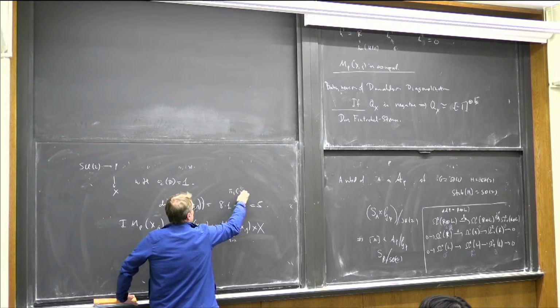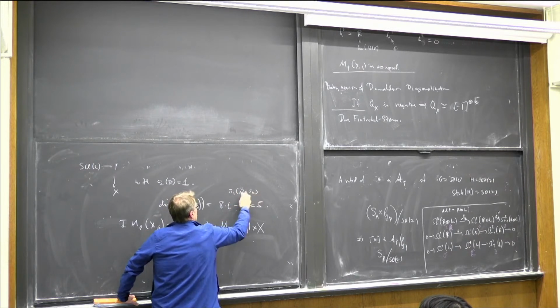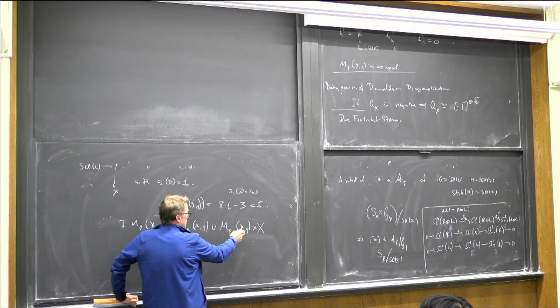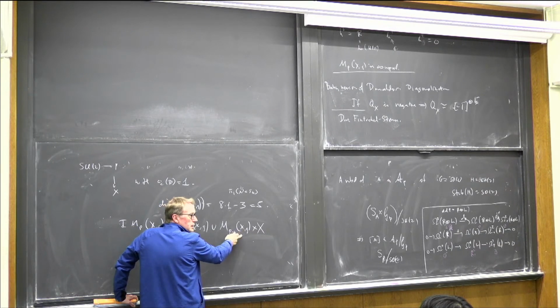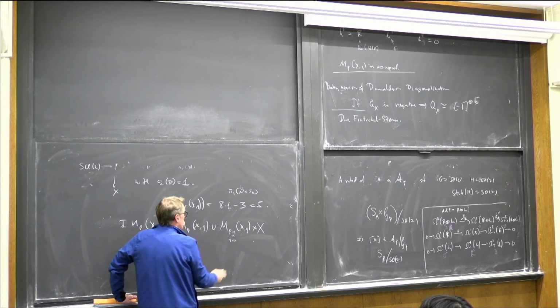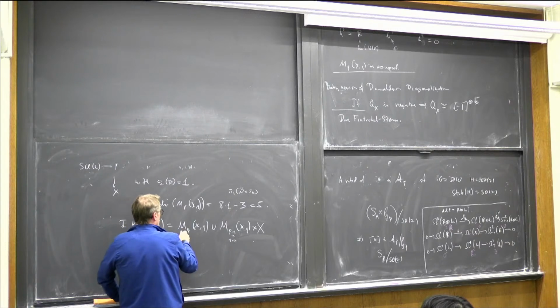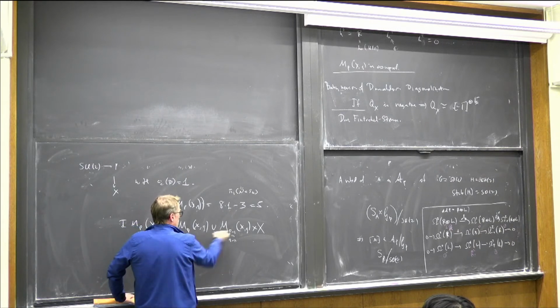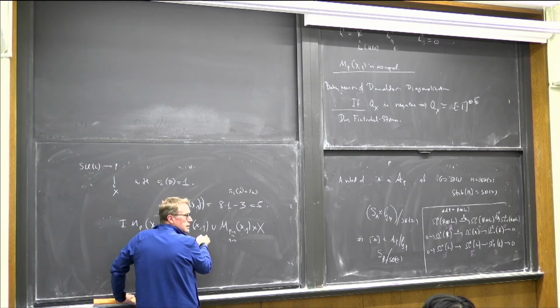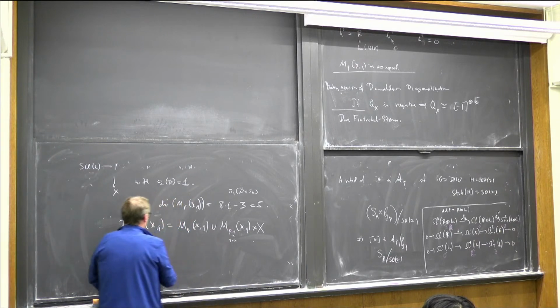We're assuming that pi1 of X is trivial. So this consists of a point, which is just the trivial flat connection. And the Uhlenbeck compactification is actually exactly this.